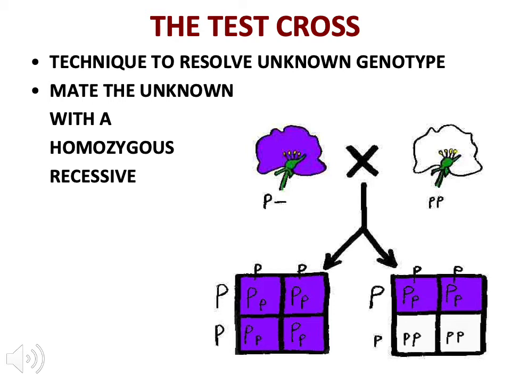Take a look at the Punnett square on the left. If the genotype of the purple flowered plant is big P big P, and the genotype of the white flowered plant is little p little p, we see that every single one of the boxes in that Punnett square is heterozygous, which means I have a 100% probability that the offspring will be purple.